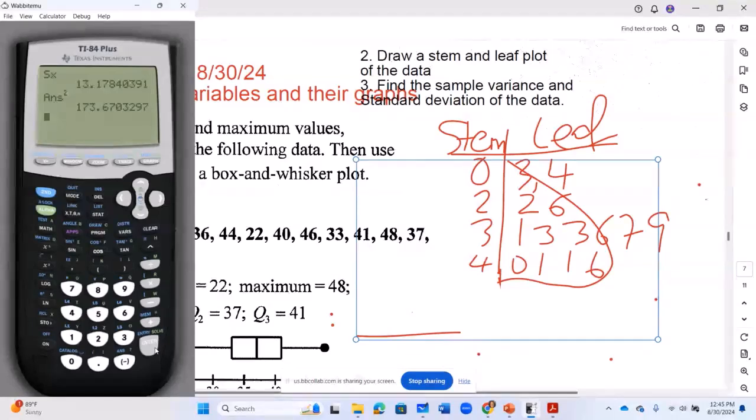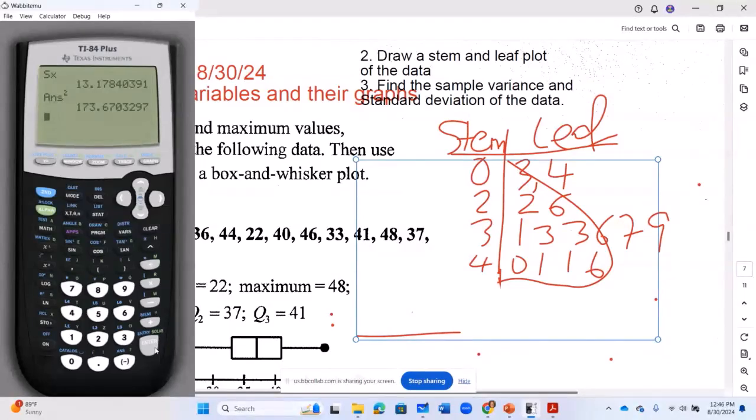Suppose I'm told to leave my answer to the nearest 3 decimal places. I have to be careful. You have to read the question very well. MyLab Math will sometimes ask you to leave your answer to the nearest thousandth, that's 3 decimal places, or to the nearest hundredth, 2 decimal places, or to the nearest tenth.